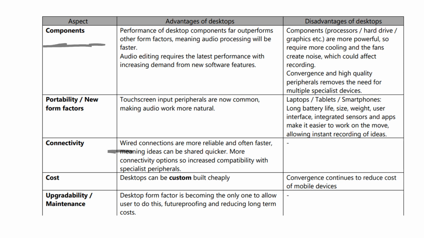Now cost: desktops are built cheaply and will last for a long time, whereas with convergence, you can have budget-friendly mobile phones and devices too. Upgradability and maintenance: you can upgrade and enhance all the features of a desktop.